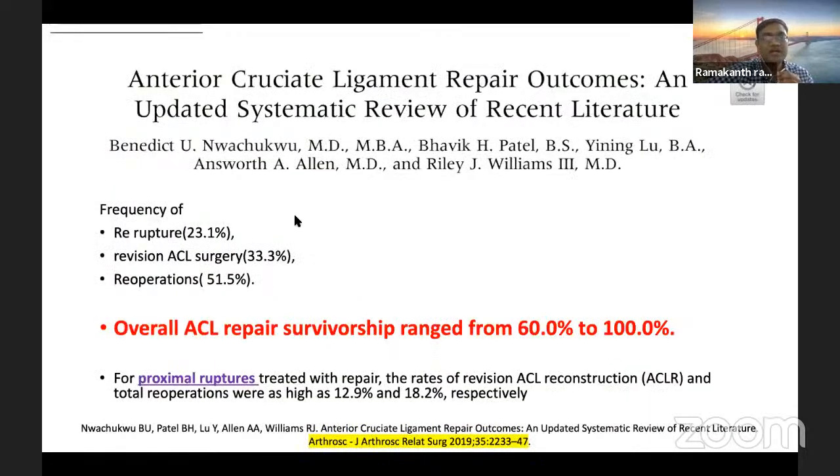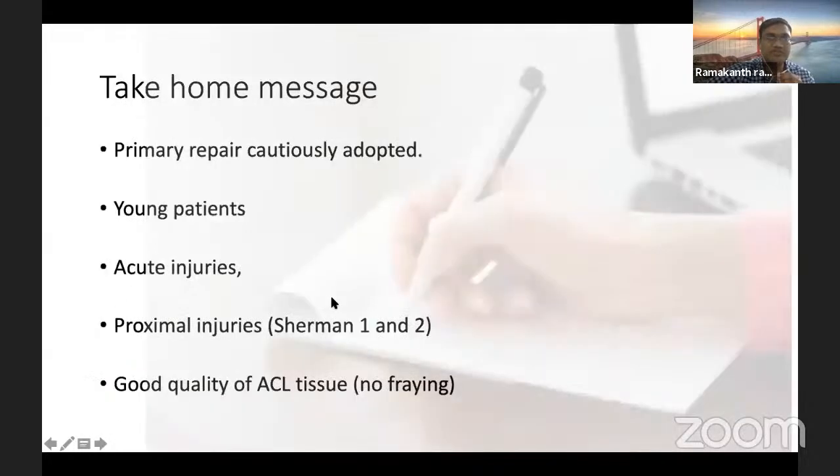The overall systematic review for repair showed that ACL repair survivorship can be anywhere between 60 to 100%, and the proximal repairs tend to heal well, and the re-rupture rate was 23%. The revision for ACL surgery was around 30 to 33%, and the re-operation was about 51%.